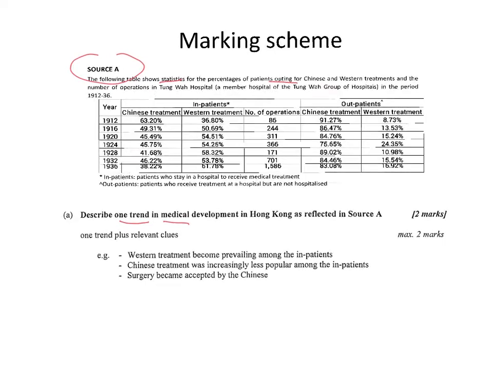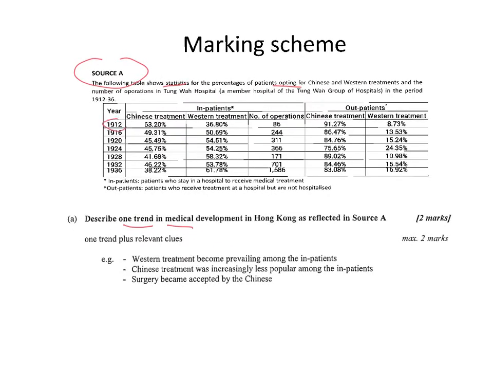It shows that from 1912, the percentages of Chinese treatment decreased from 63.2 to 45.8 in 1924, and it kept decreasing to 38.2 in 1936, and it means that the Chinese treatment became less popular among the inpatients.